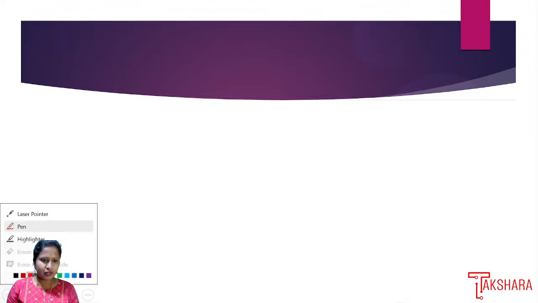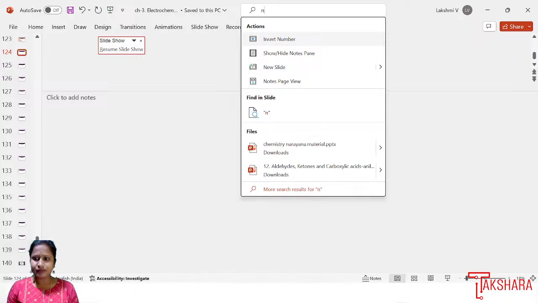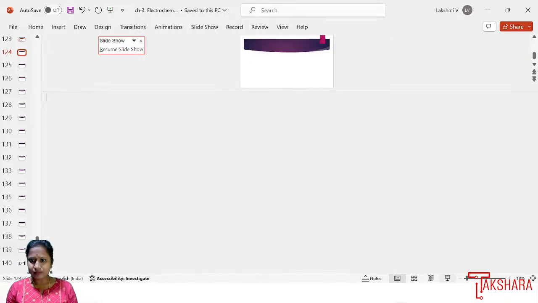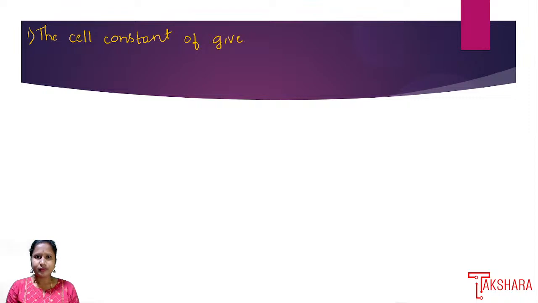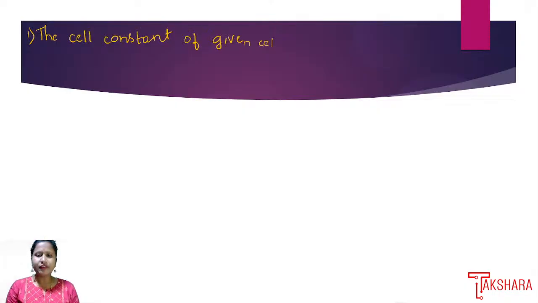The first question for this session is: the cell constant of a given cell is 0.47 per centimeter.